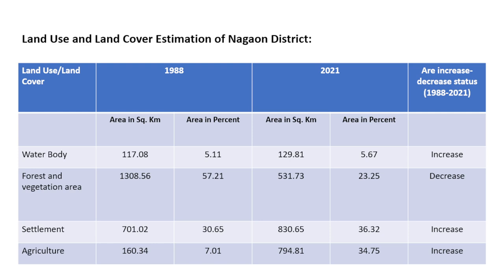These changes have important implications for the environment, including potential impact on biodiversity, climate regulation, and the local ecosystem. Addressing these trends may require integrated land management policies and sustainable development strategies to balance growth and environmental conservation.